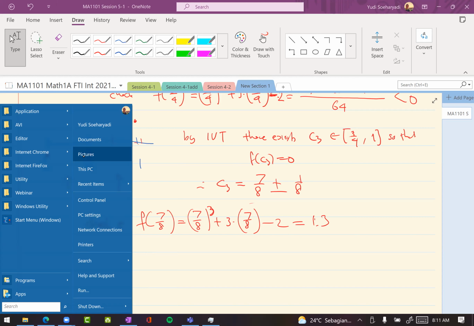Okay. So let's see, x cubed plus 3x. So sine 3x minus 2. Right.